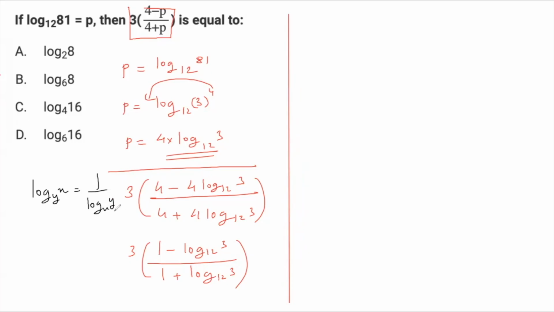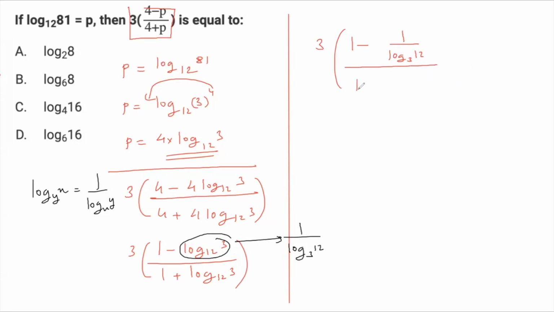So using this property, wherever we have log of 3 to the base 12, we will simply replace it by 1 upon log of 12 to the base 3. The expression now becomes 3 into 1 minus 1 upon log of 12 to the base 3 divided by, below we will have 1 plus 1 upon log of 12 to the base 3.